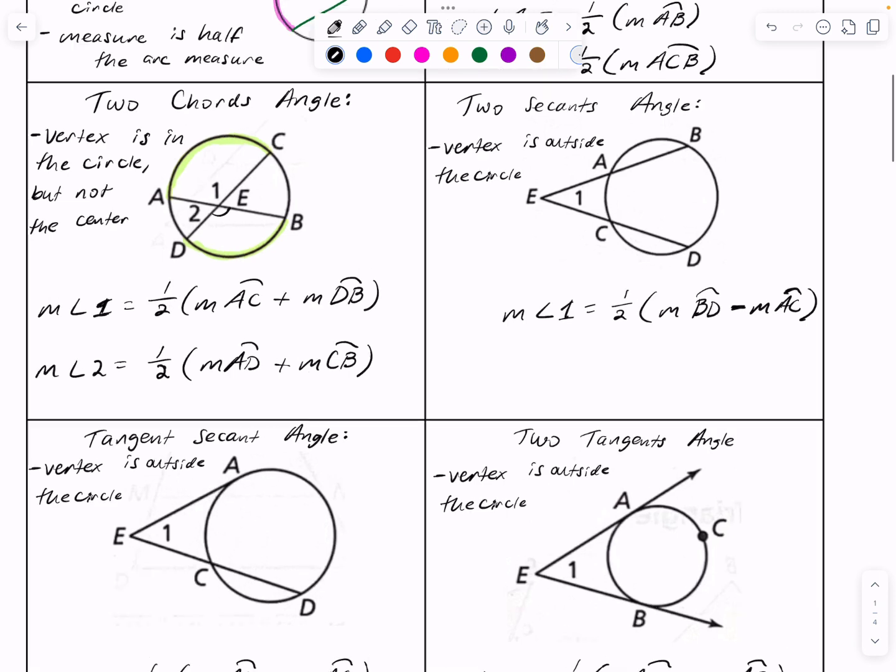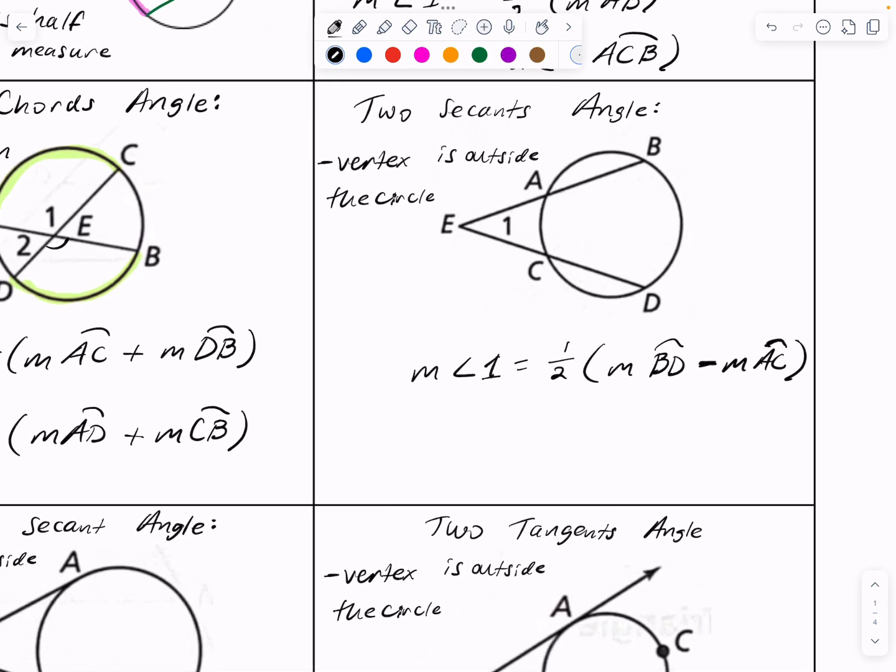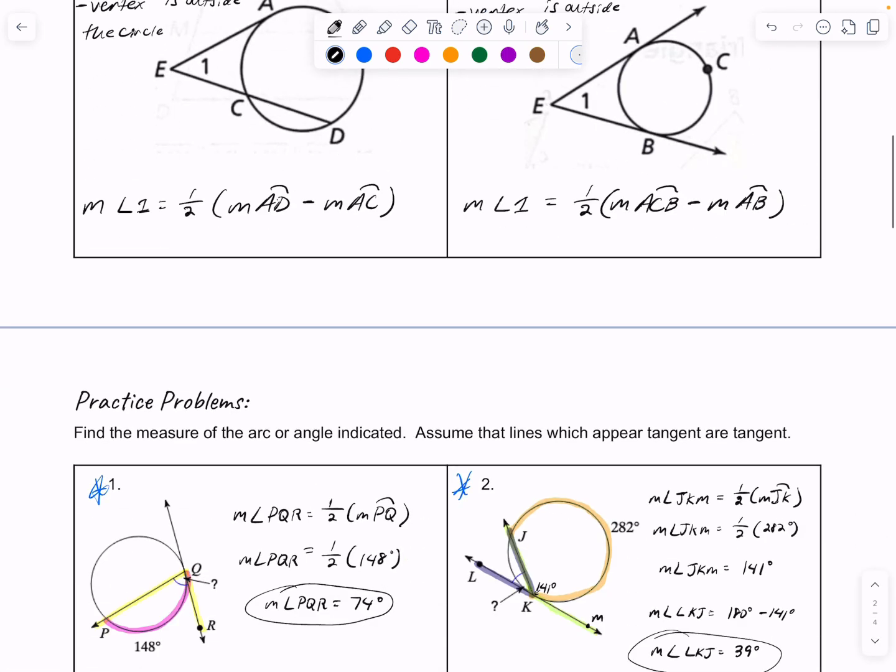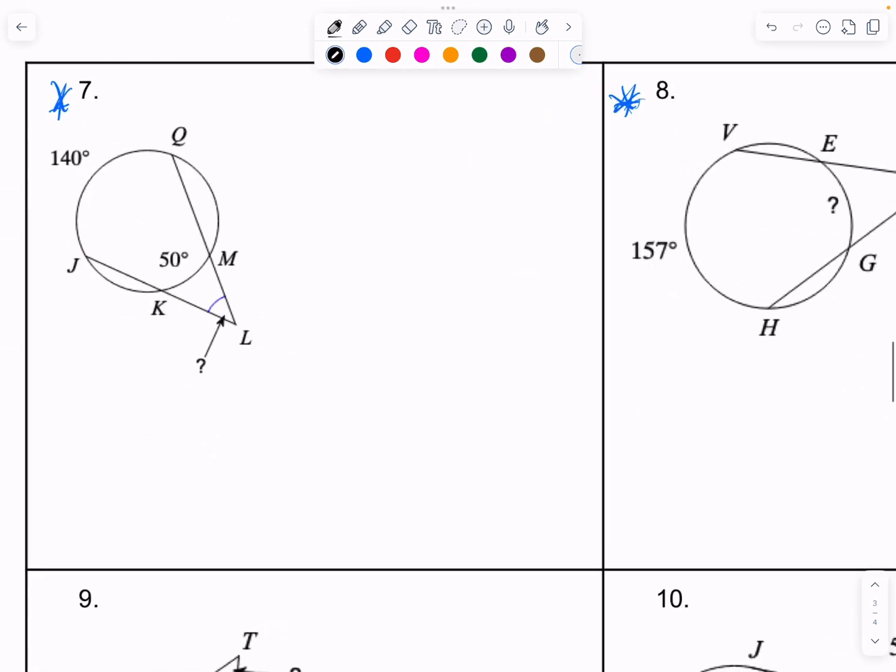All right, it's the 2 secant angle in number 7, where the vertex is actually on the outside of the circle. So to find that angle E or angle 1 or BED, you're going to find the measure of the larger arc, that BD arc, subtract the smaller arc, and then cut it in half to find that angle measure. So let's do 7.